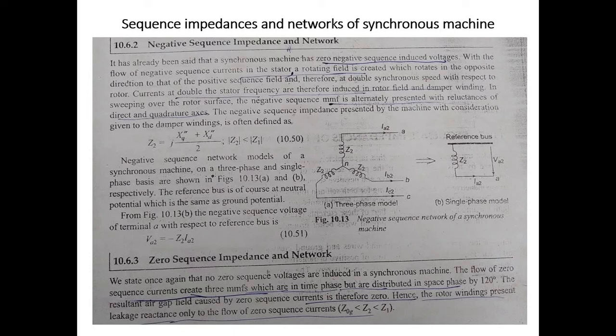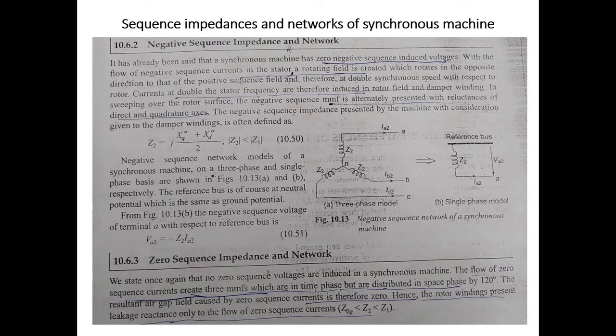Now, the last network is zero sequence impedance and network. We state once again that no zero sequence voltages are induced in the synchronous machine. The flow of zero sequence current creates MMFs which are in time phase but are distributed in space phase by 120 degrees. The resultant air gap flux caused by the zero sequence current is therefore zero.